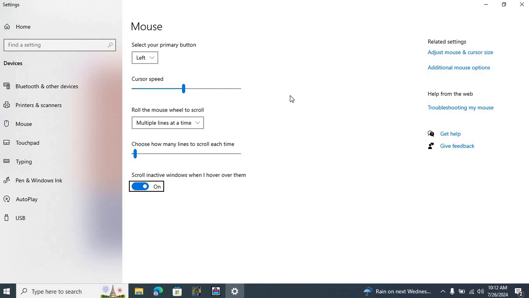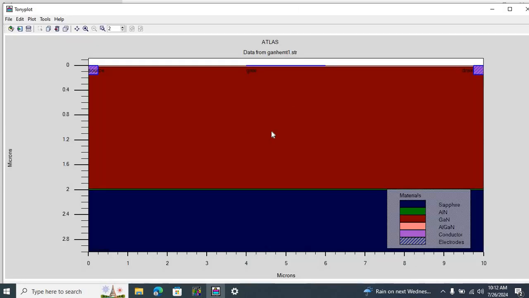Okay, so now that I have enabled it, let us move to the code part now.